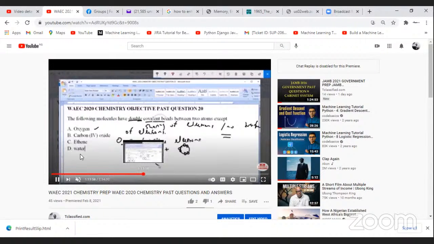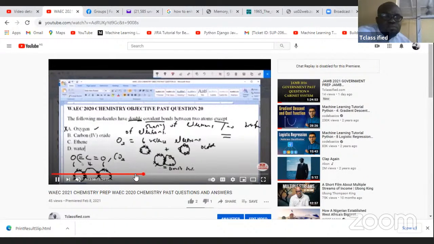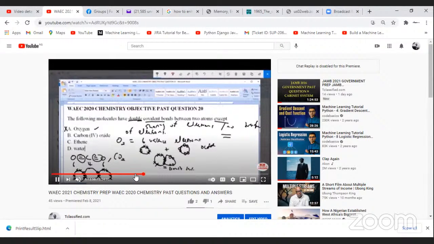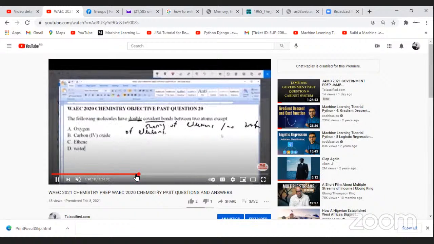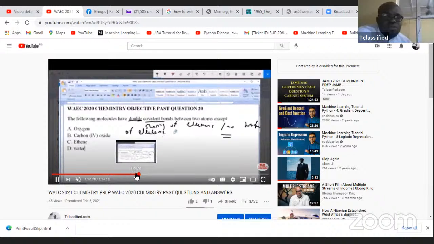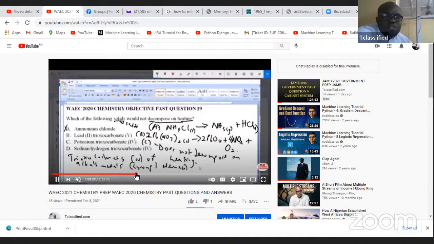But wait, you said trioxocarbonate cannot decompose on heat. What about lead 2? Is it not trioxocarbonate, lead 2 trioxocarbonate 4? Or is it because of the 2 there? So these are lead 2 trioxocarbonate 5.